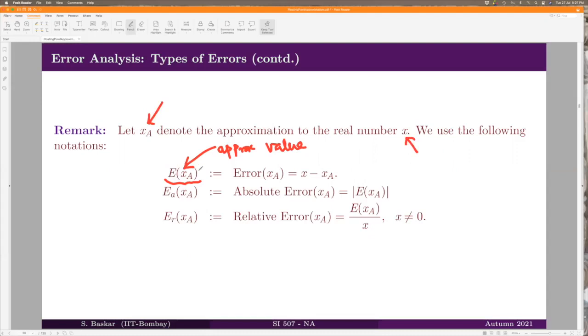Then E of XA means the error of XA, and of course from our last slide it means true value minus the approximate value. Similarly, EA of XA means absolute error, and ER of XA means relative error. These are the notations quite often we use in our course.